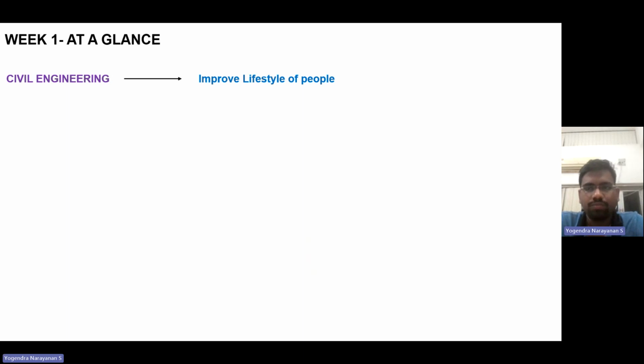Essentially, civil engineering is a branch of engineering that is directly associated with improving the lifestyle of people. Be it infrastructure, agricultural facilities, food supply, transport, communication structures, anything that is involved with improvement in lifestyle of people falls under civil engineering.